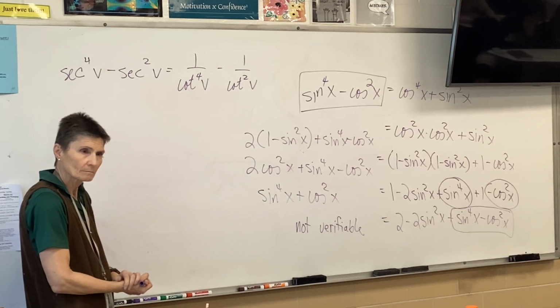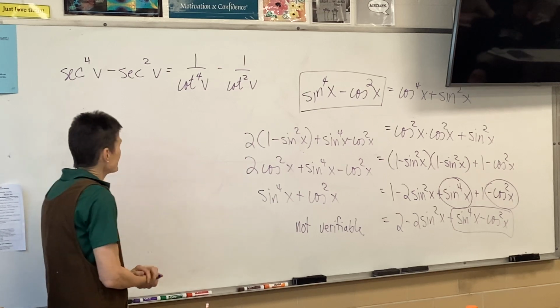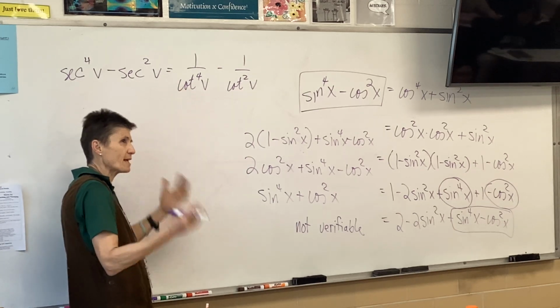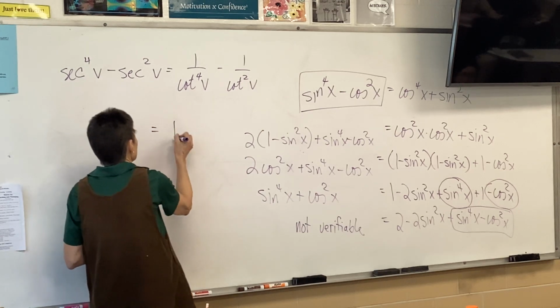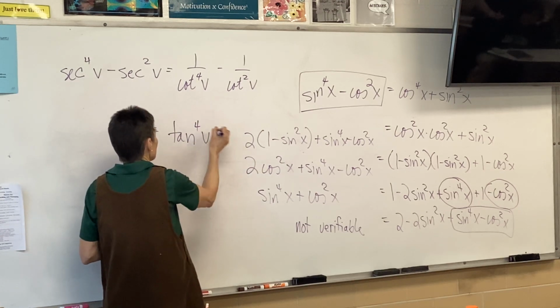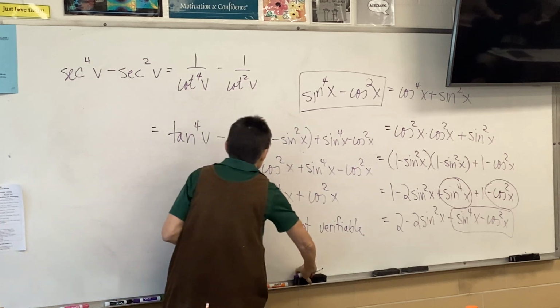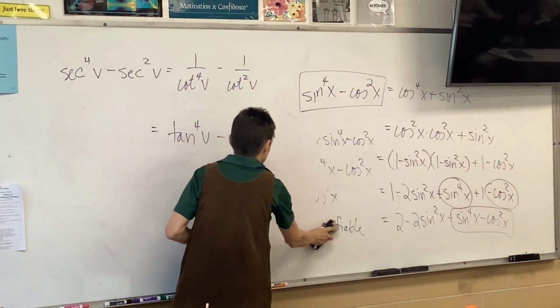Can you flip the cotangent? I would. When I see a 1 over cotangent, doesn't that kind of just scream at you? I'm a tangent. So let's write that as tangent to the 4th minus tangent squared.